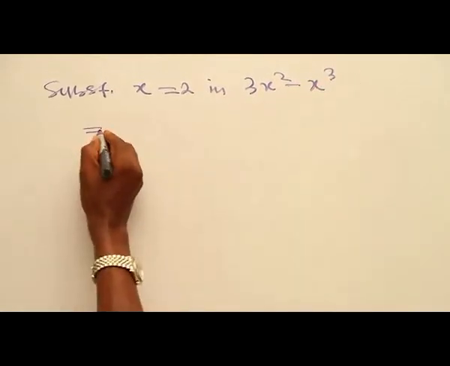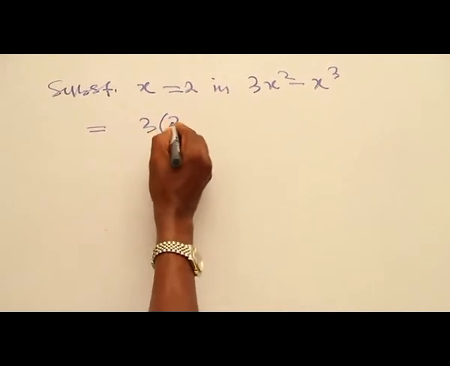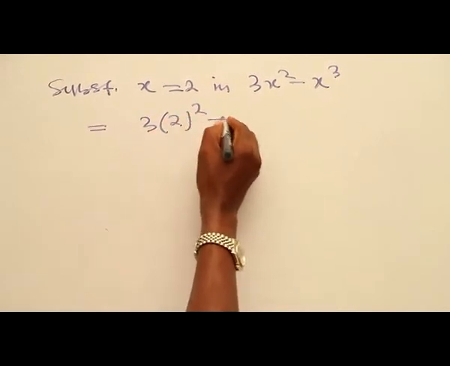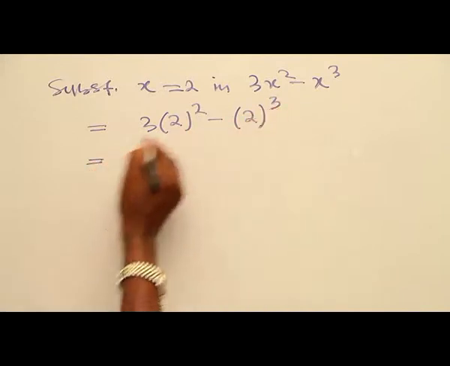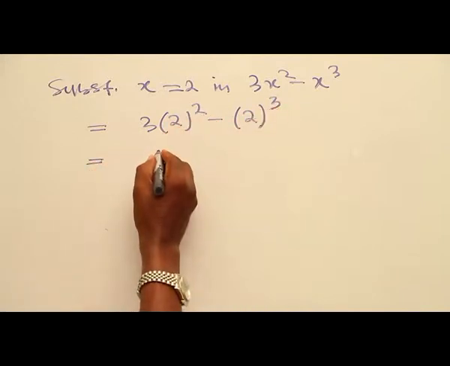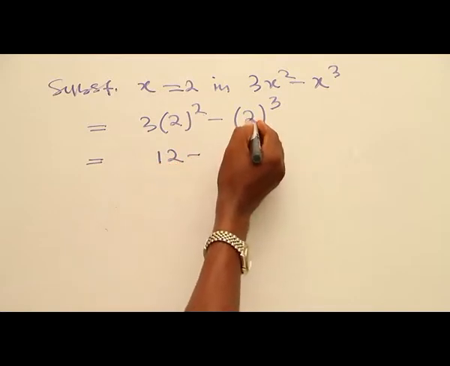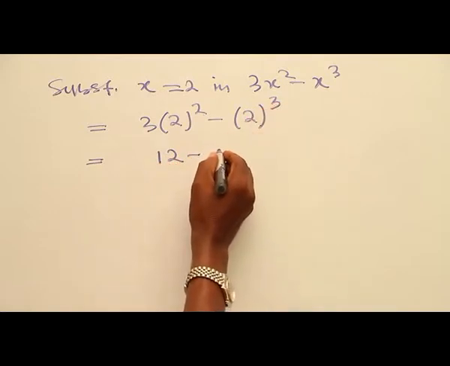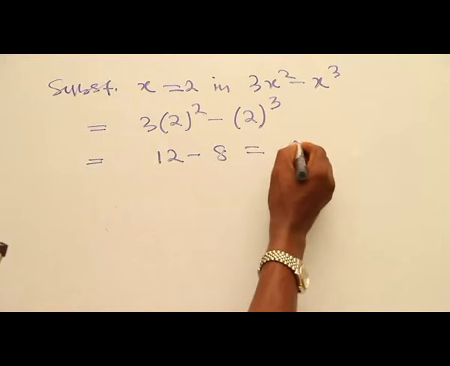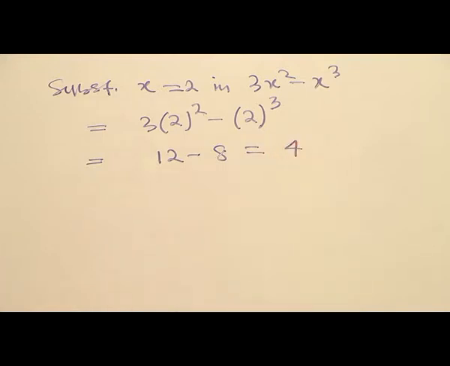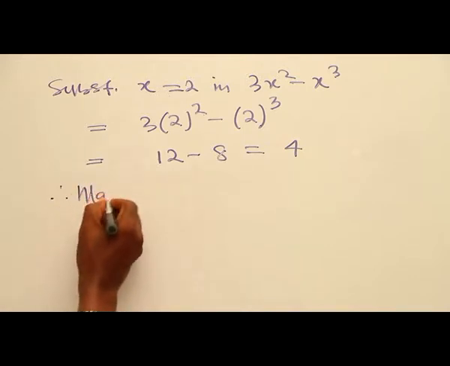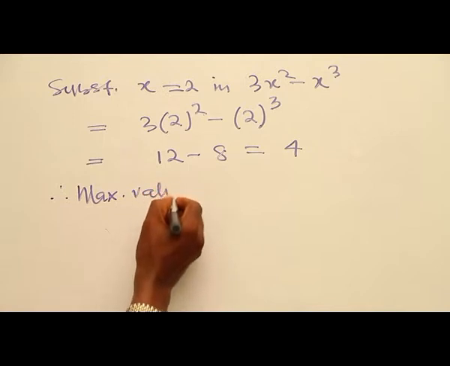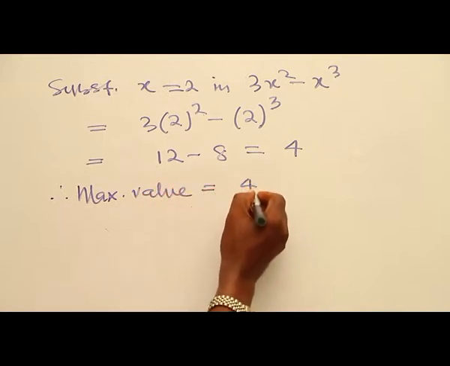And of course that will be 3 into 2 all squared minus 2 raised to the power 3. 4 times 3 is 12, and 2 raised to the power 3 is 8, giving you the value 4. So this is the maximum value of the function. Therefore, the maximum value is equal to 4.